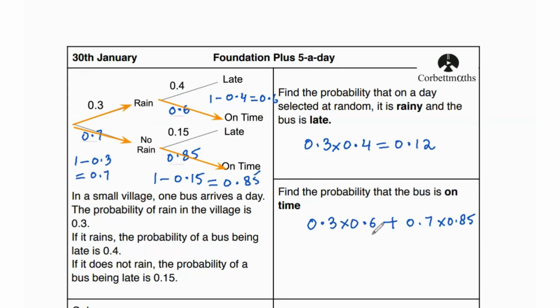So 0.3 times 0.6, which is 0.18, gets added to 0.7 times 0.85, which equals 0.595. For the final probability, we add these two, which gives us 0.775. That is the probability of the bus being on time in both cases, whether it rains or it doesn't rain.